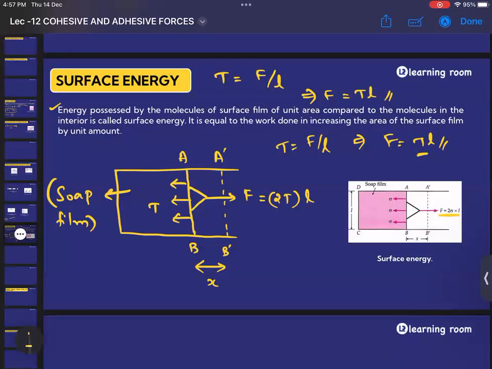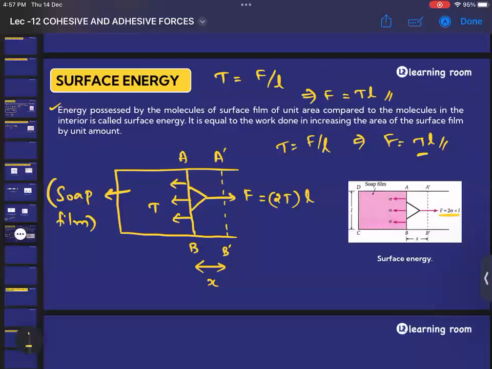Yes, sir. Now the question is, I always tell you one thing, that whenever you speak about energy, we should always speak in terms of work done. So here, when you applied a force, look at the activity that was done. You applied the force to do what? Did you try to decrease the surface area or increase the surface area?